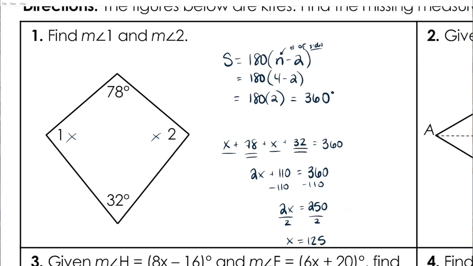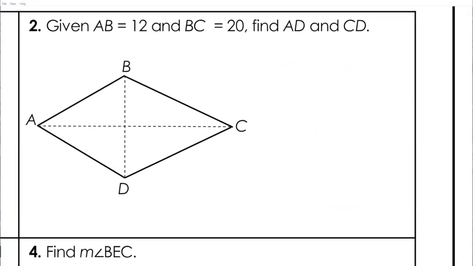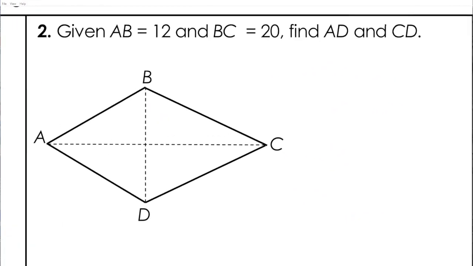All right. Number 2. Given that AB is 12 and BC is 20, find the length of AD and CD. Well, this is a kite. In a kite, we know that consecutive sides are congruent. Since AB is not congruent to BC, that is not my pair of consecutive sides.